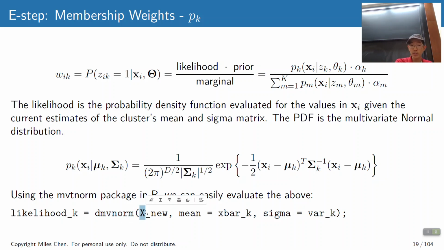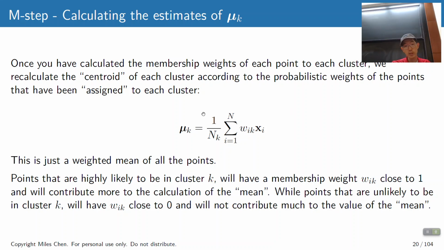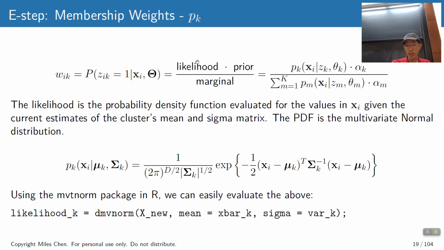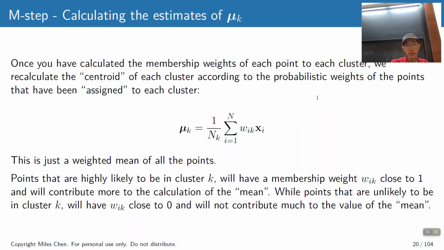We're going to plug in the observation that we are looking at, and we'll put in our current estimate of the mean of cluster k and the variance of cluster k, whatever those values are at this moment in time. And we get our likelihood values. So we get our likelihood, and we get our prior. We calculate that for all of the different clusters, and we get our marginal probability. Okay, so you do that for all of the points.